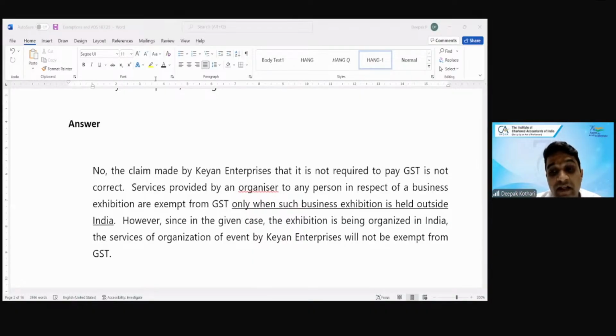Yes. तो आपको रीजनिंग भी करेक्ट देना पड़ेगा. Correct. When exhibition held outside India, then it will be exempted.